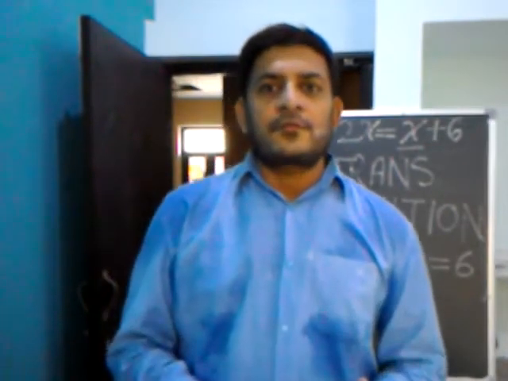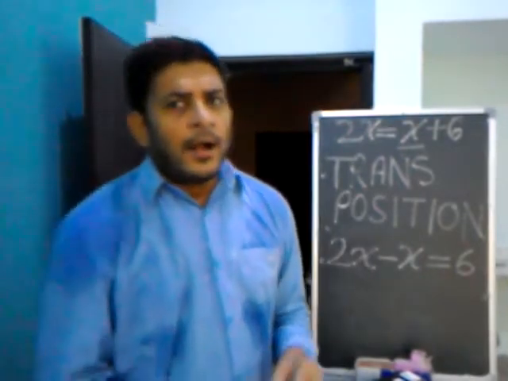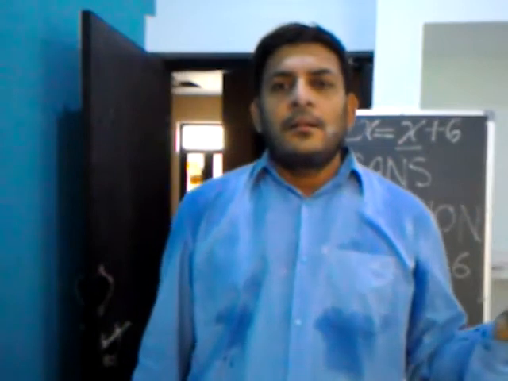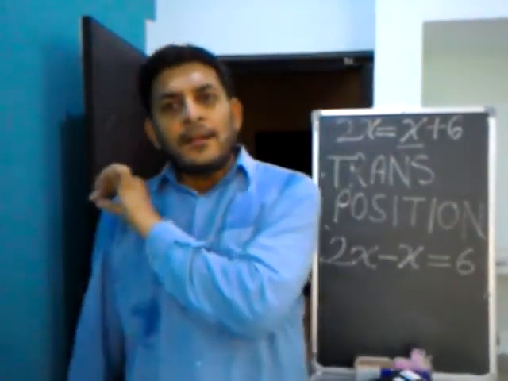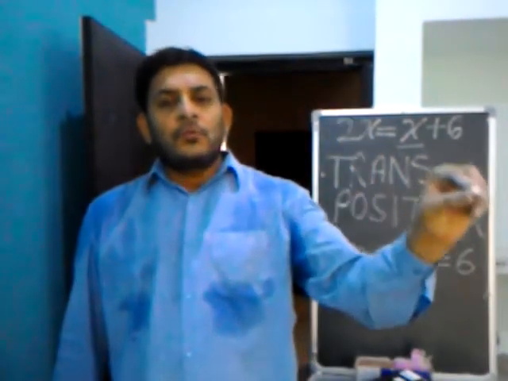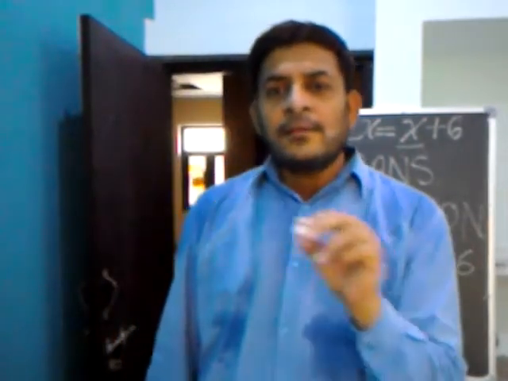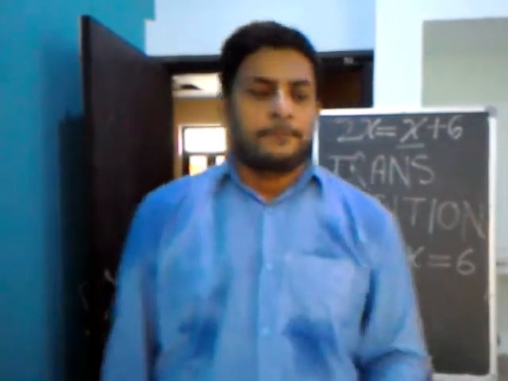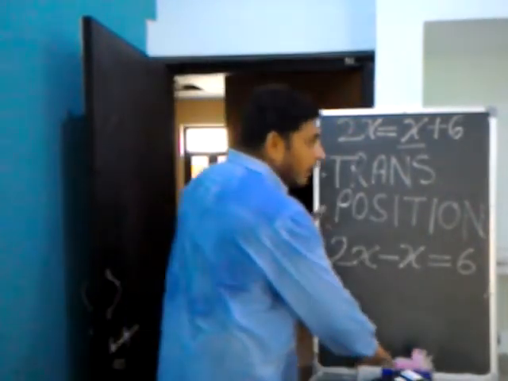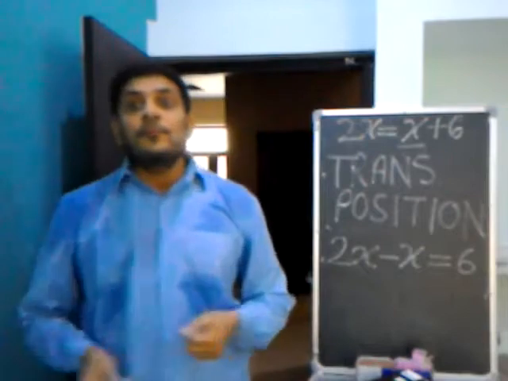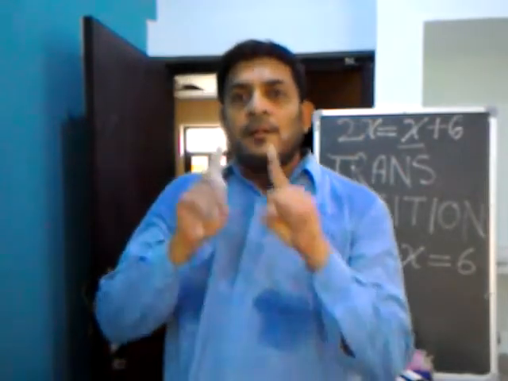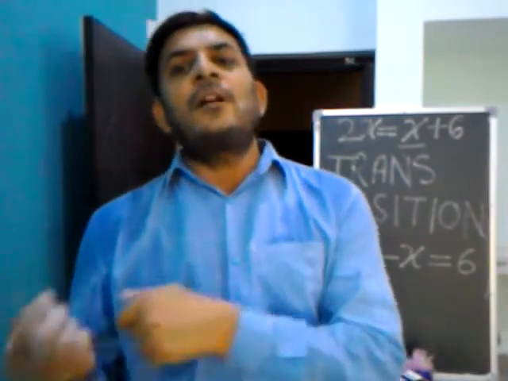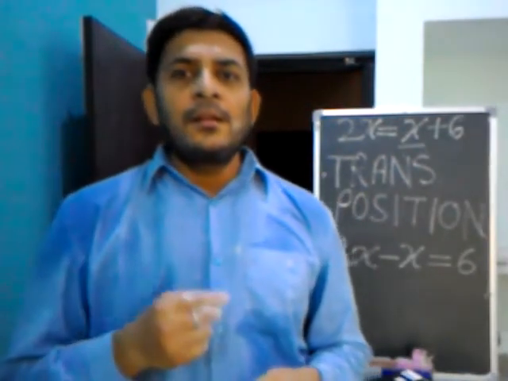If I am going to pay a newspaper bill, I will add only newspaper to prepare the bill, not milk or vegetables, because they are different from newspaper. Just like that, an algebraic term is different from another algebraic term.